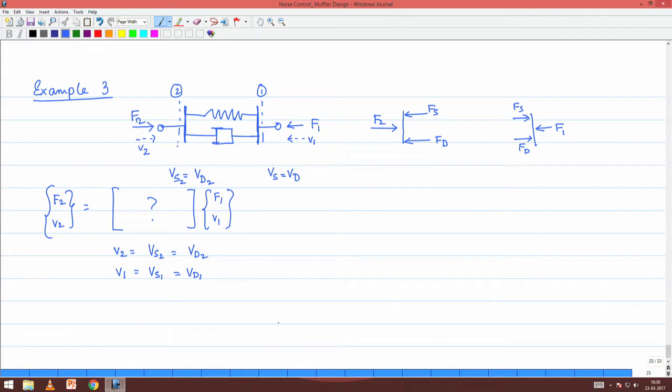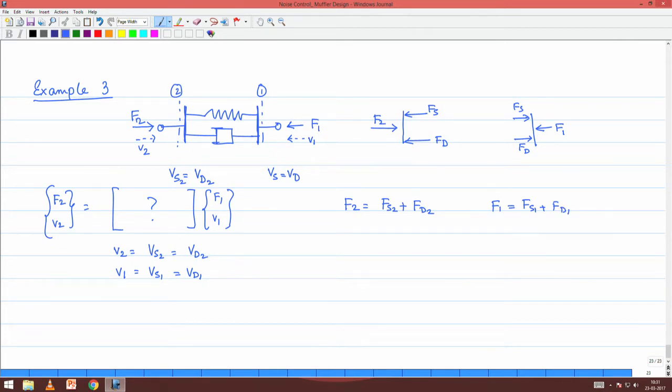This much is known, that there is no ambiguity in the velocities between the spring elements and the damping elements, but as far as the forces are concerned, there can be a little issue. So, F2 is equal to Fs2 plus Fd2, right, and also F1 is equal to Fs1 plus Fd1, right.